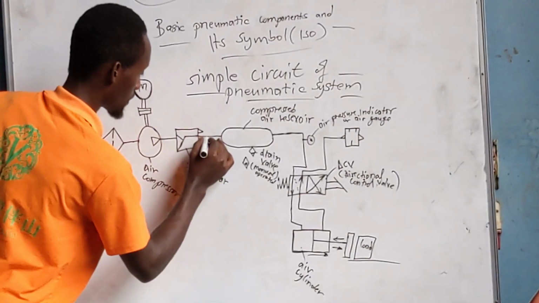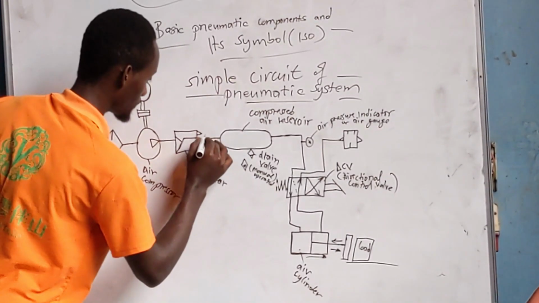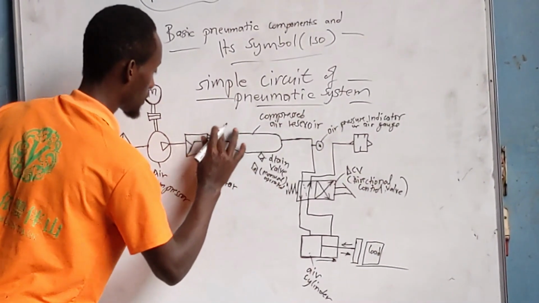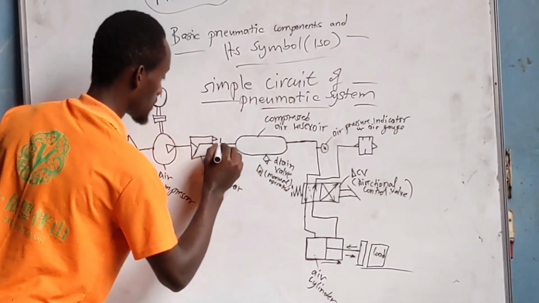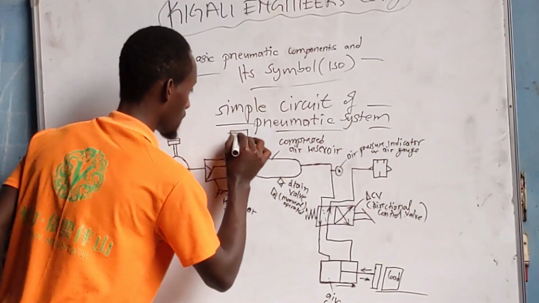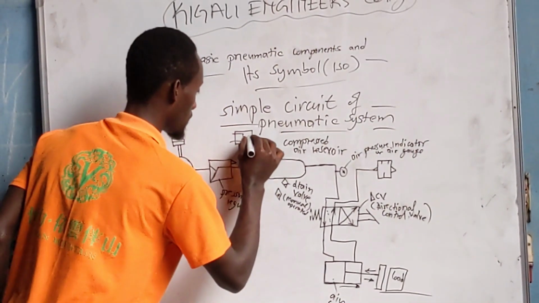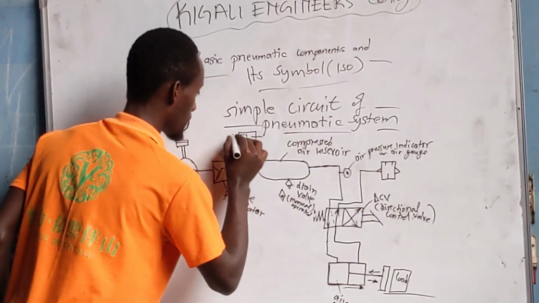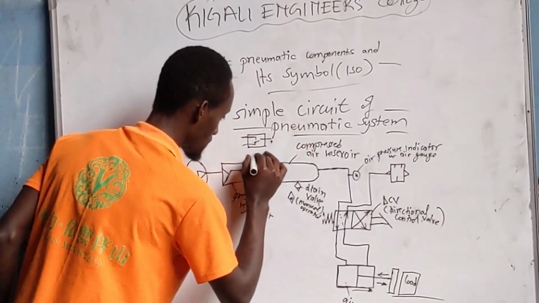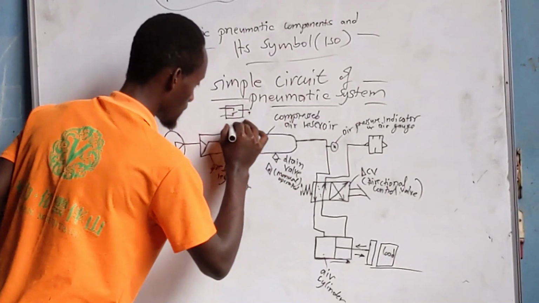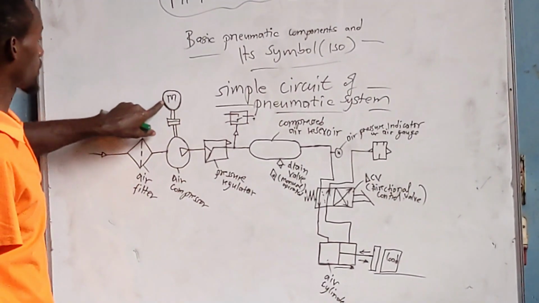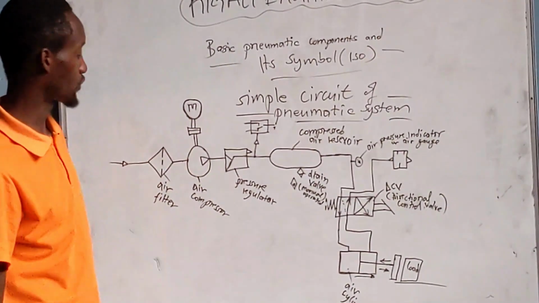And also you will put there, as we call it, the pressure switch. This is the pressure switch. It just controls the activation of this electric motor.